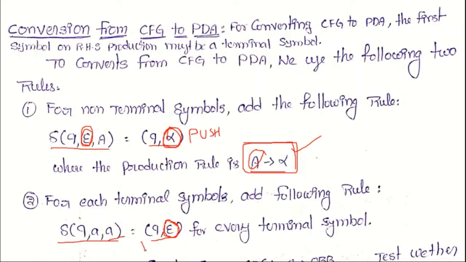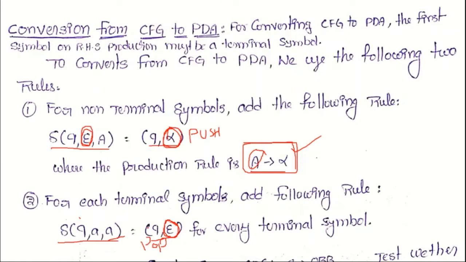That means whatever is at the top of the stack can be popped from the stack. So these are the two rules to convert from context-free grammar to push-down automata. Very simple procedure. Once again, recollect: for each and every non-terminal we write delta of q, epsilon, that non-terminal, equivalent to q comma the RHS of the production.